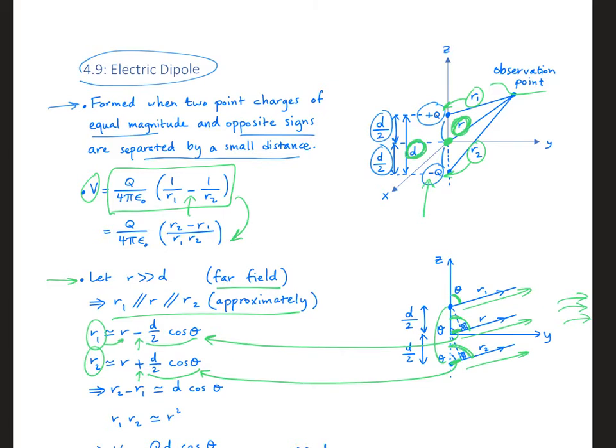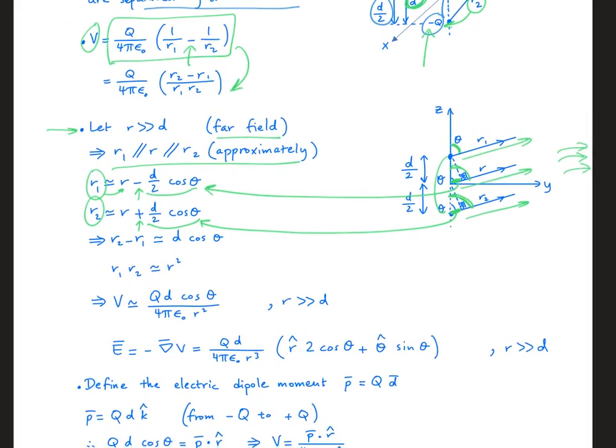Okay, so now we go ahead and find the difference between R2 and R1 and write down the fact that multiplying them by each other equals almost the distance R squared, and then substituting from here using these two, we end up with this term.